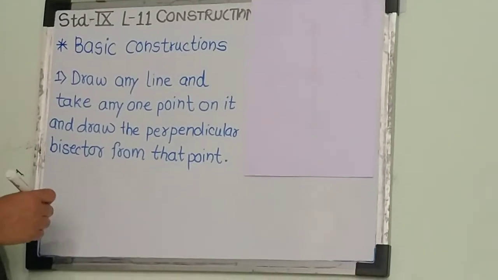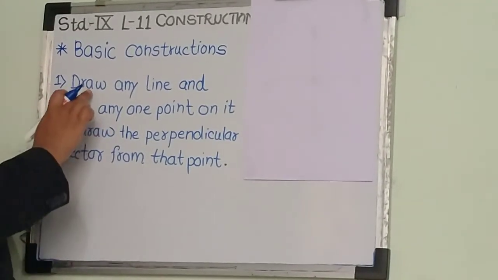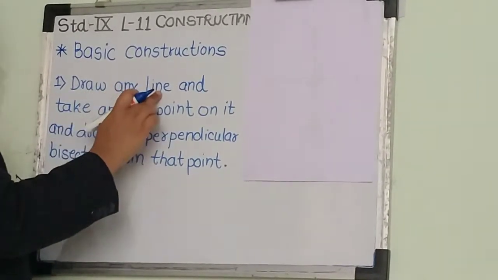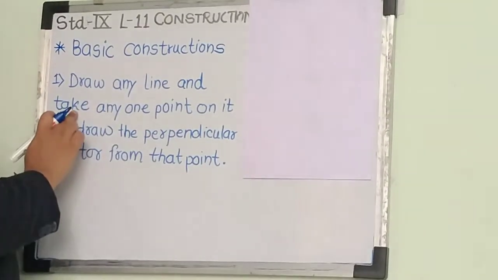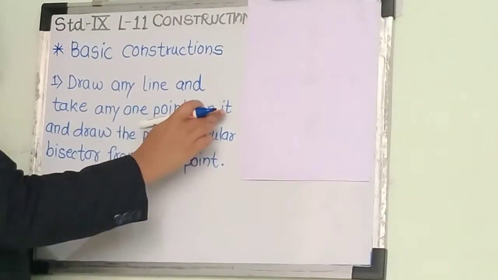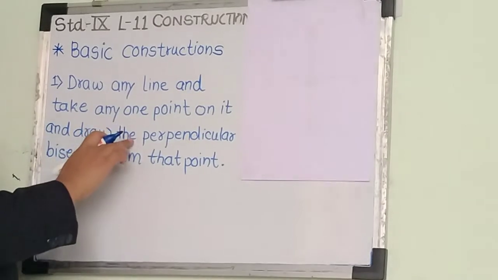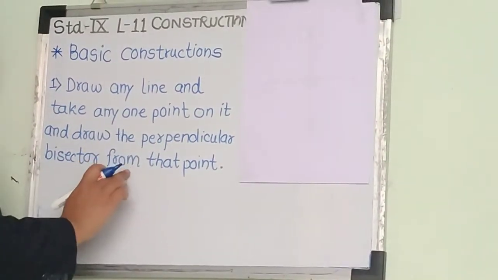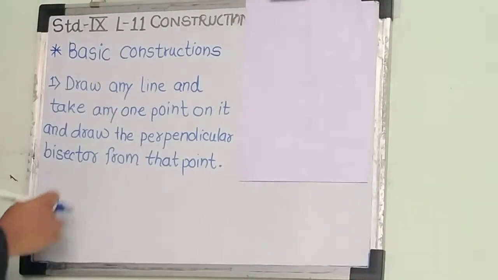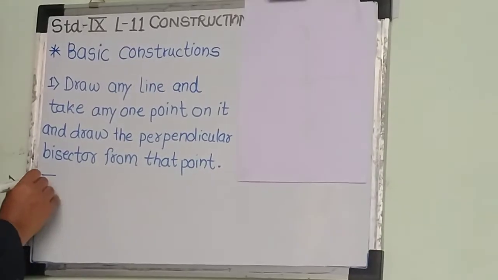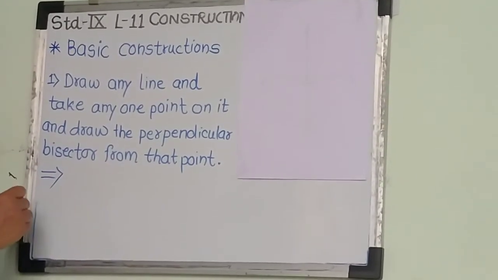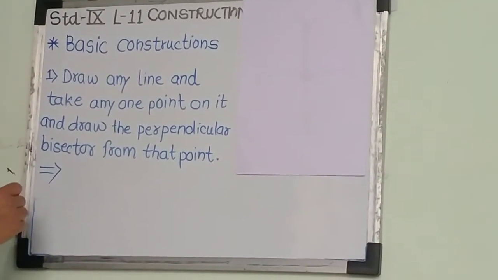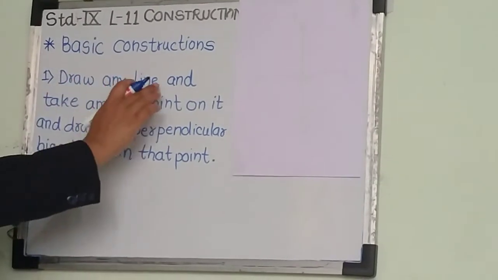See here the first construction, that is draw any line and take any one point on it and draw the perpendicular from that point. So first we are going to draw the rough figure from the given information. Draw any line.